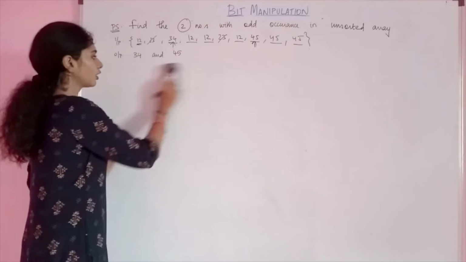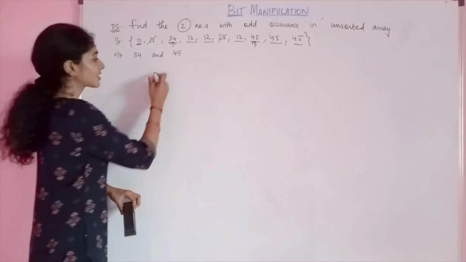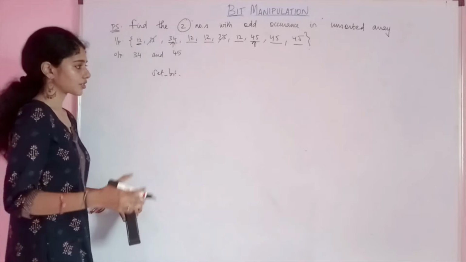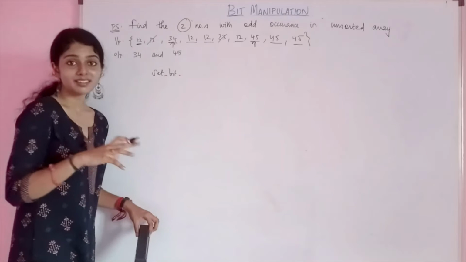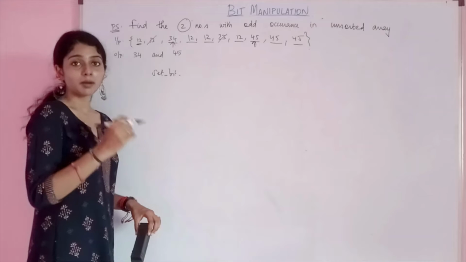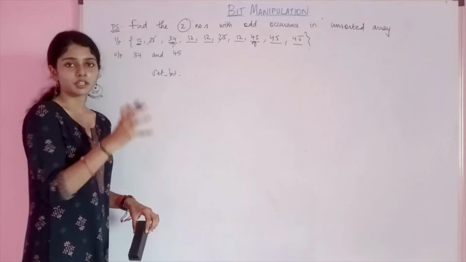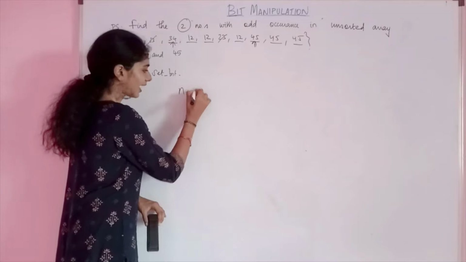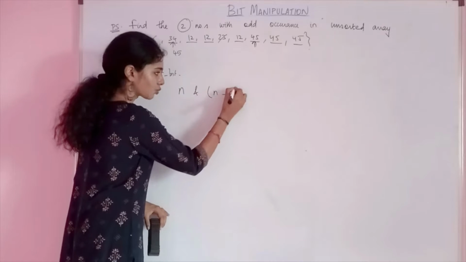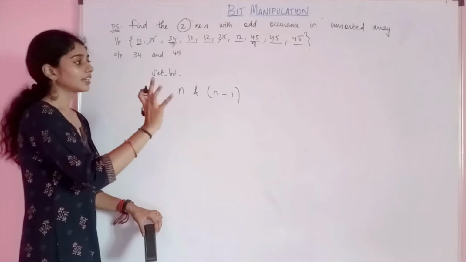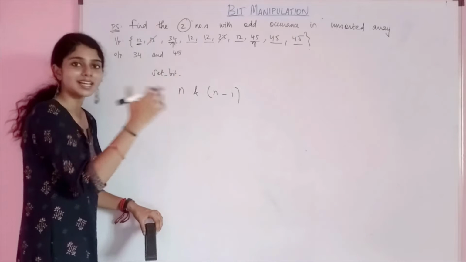That is when you have something called the set bit concept. Before that, we already saw Brian Kernighan's algorithm. I hope you remember, wherein we found out the number of set bits in a particular integer. That is the second method we went through, wherein we saw that n AND (n minus 1) is used to unset the rightmost set bit.